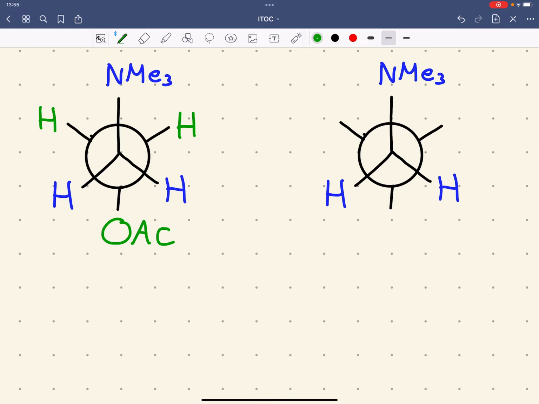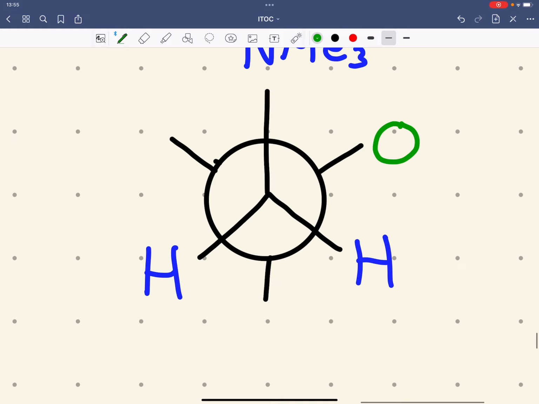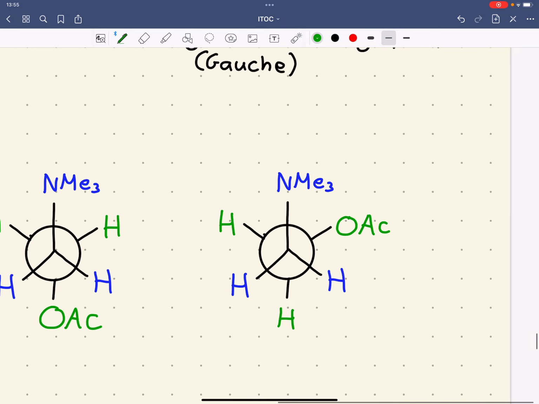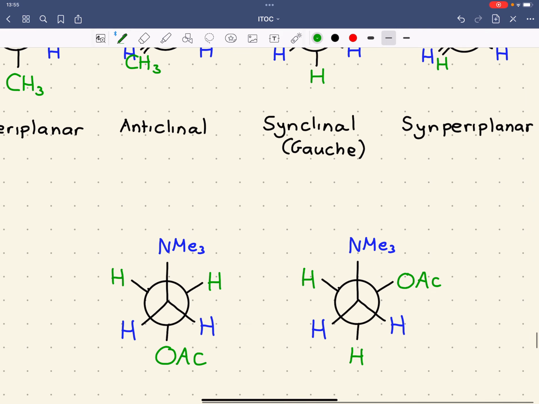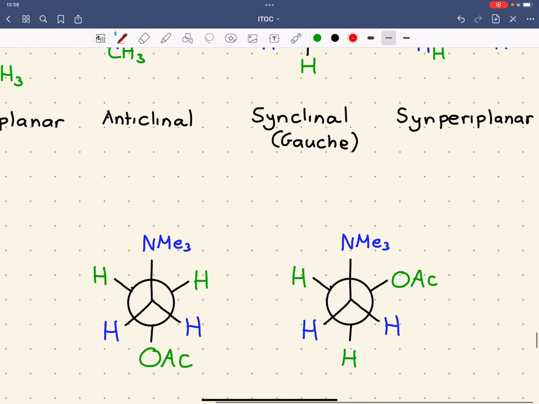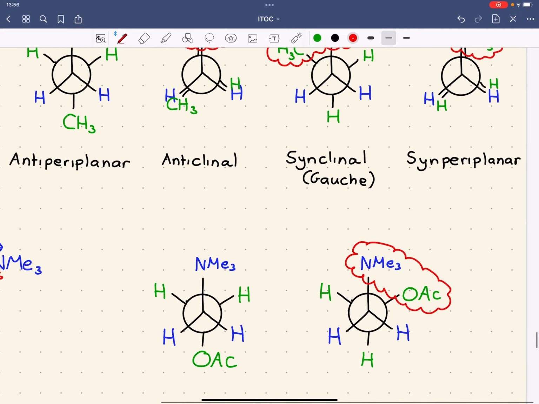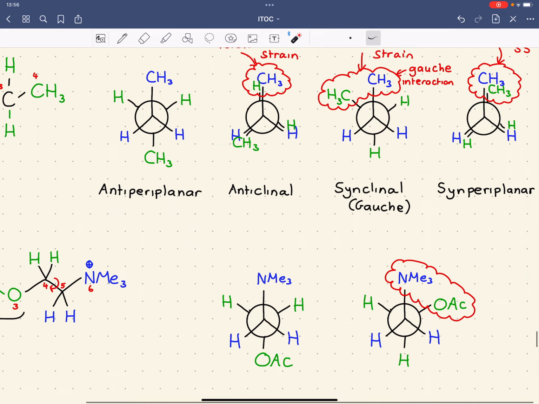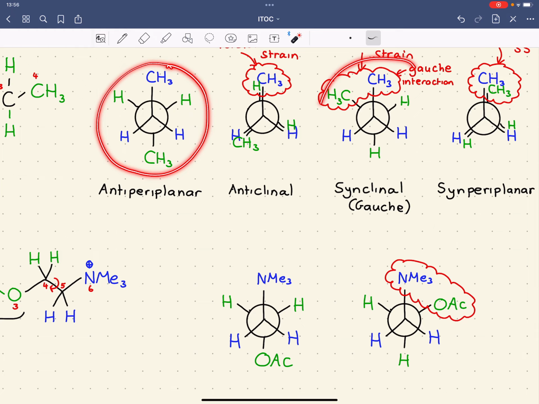So for example, it is possible for this to adopt this other staggered conformation, this synclinal conformation, where we do have this gauche interaction, with the two bulky groups near each other. But there is not a massive energy difference between these two.